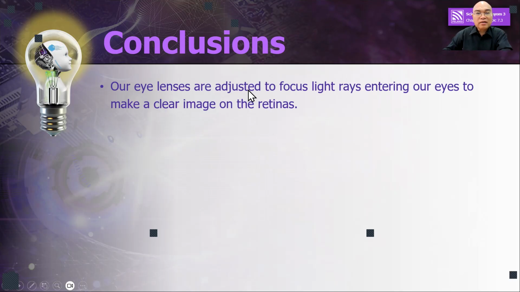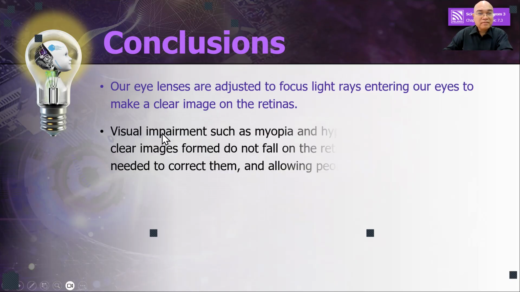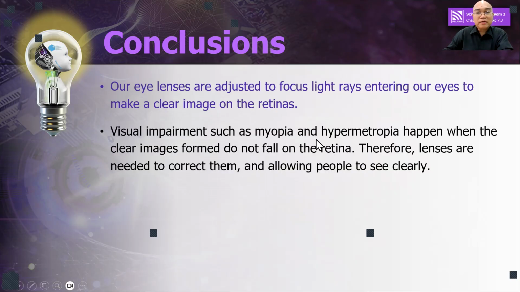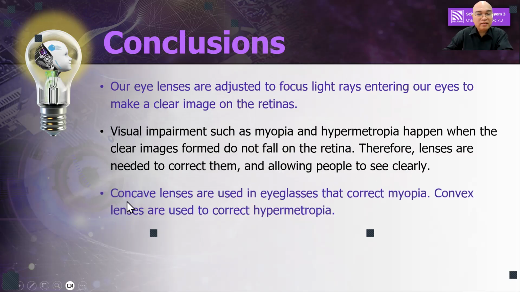All eye lenses are adjusted to focus light rays entering our eyes to make a clear image on the retinas. Visual impairment, that is myopia and hypermetropia, happens when the clear images formed do not fall on the retina. Therefore, lenses are needed to correct them, allowing people to see clearly.